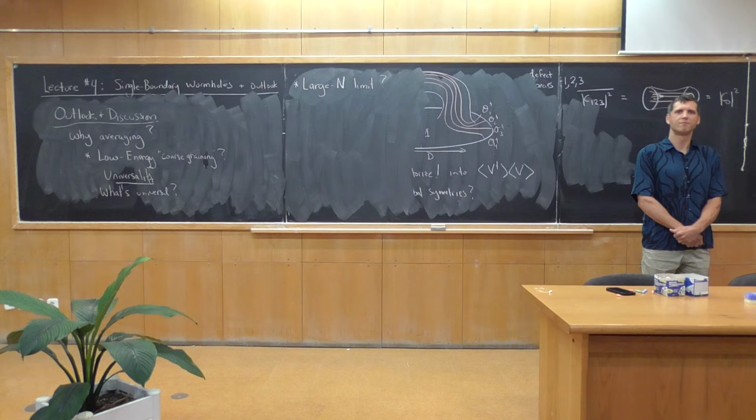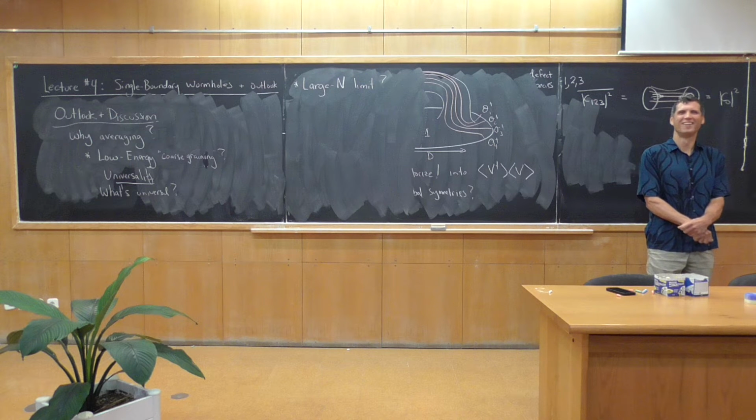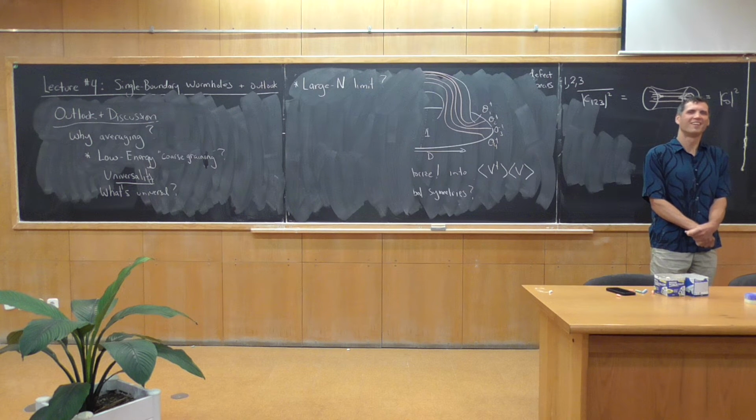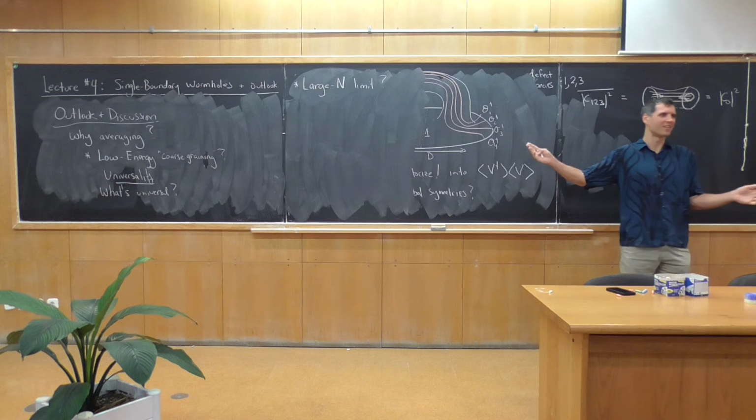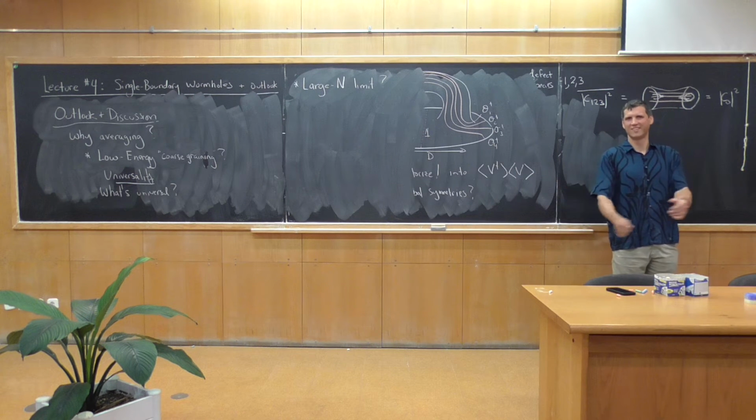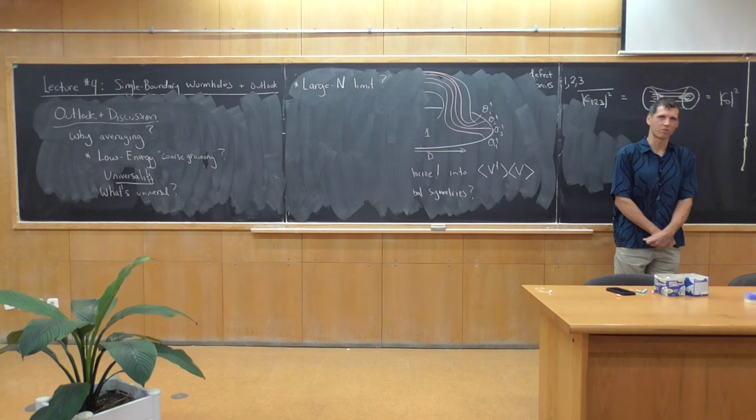Yes. Sorry, what was the question? If I have large but finite N, I can avoid having averaging, right? Yeah, you just have some list of numbers, and in principle you can avoid averaging. And on the gravity side, I will not have wormholes then?